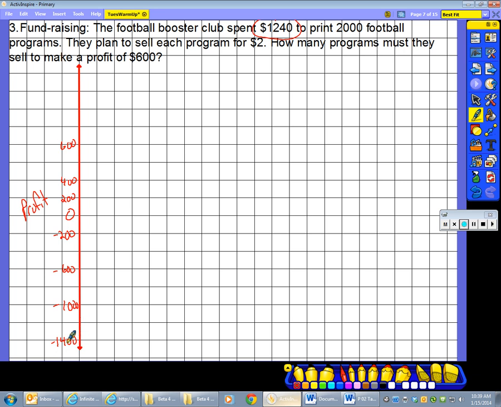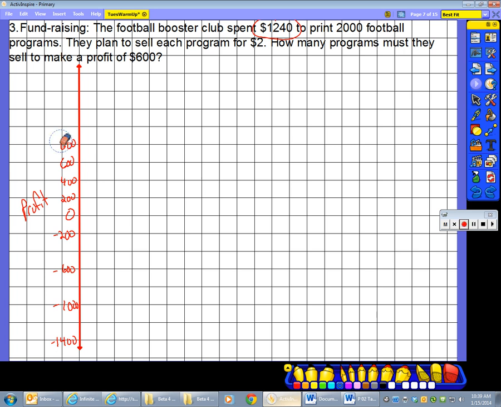I didn't fill in every line for the purpose of time, but let me recap: negative 1,400, negative 1,200, negative 1,000, negative 800, negative 600, negative 400, negative 200, 0, 200, 400. This should actually be 600 right here. All right, so there we go.